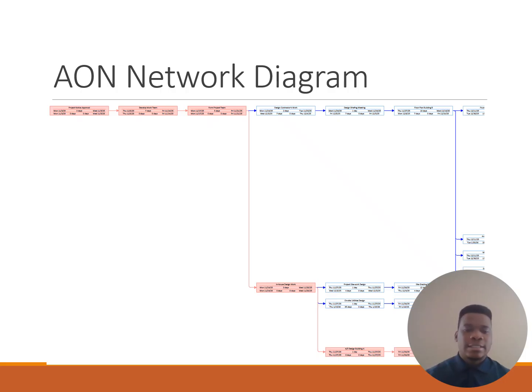So in the next slides, we'll be looking at the activity on node network diagram. This was developed using MS Project. These diagrams show the logical relationships and dependencies among project tasks. The red path indicates the critical path.